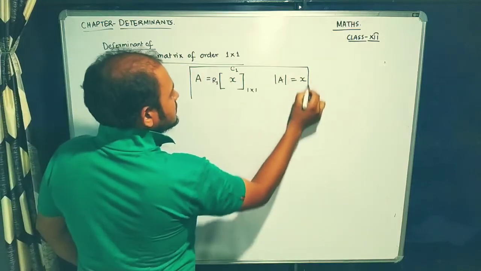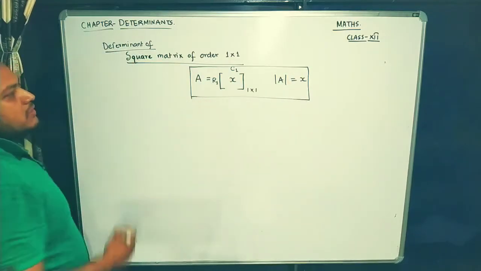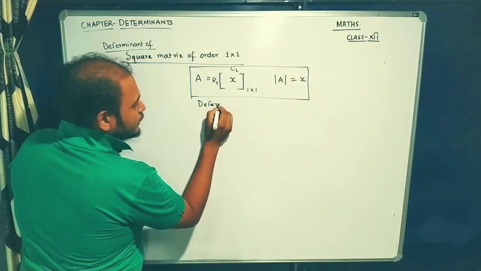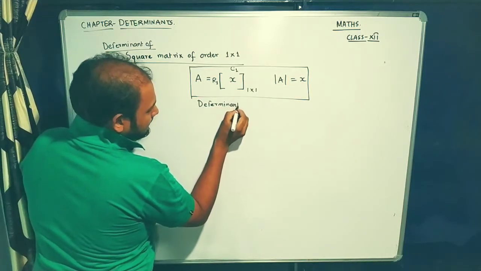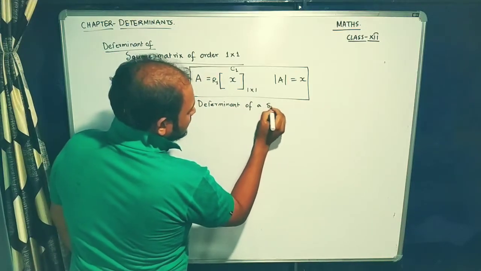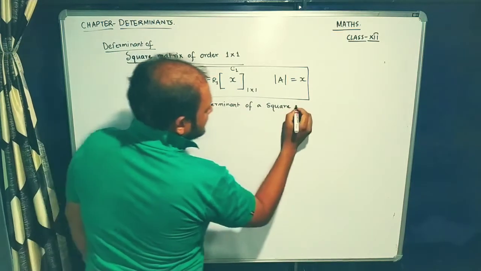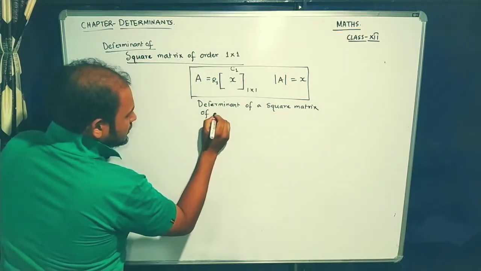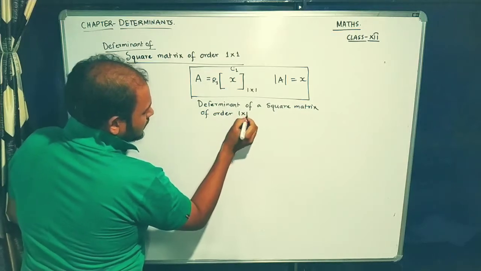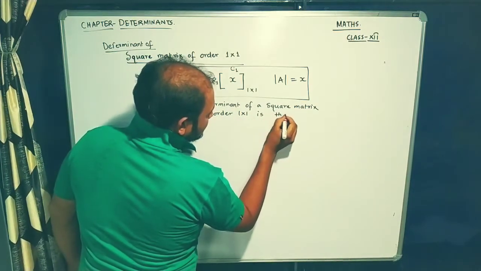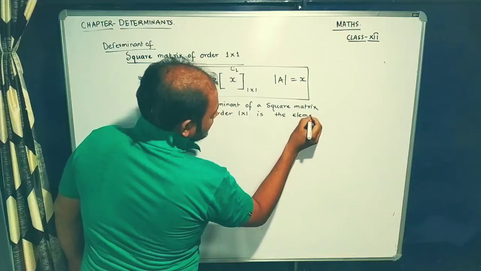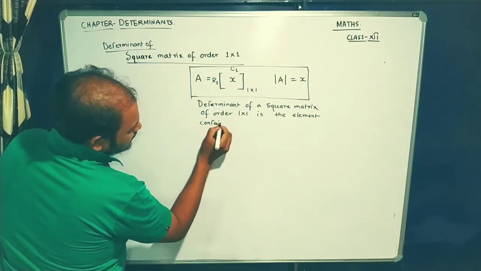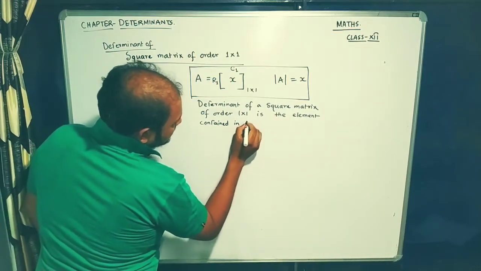This is the formula, or this is the theorem that you should keep in your mind, that the determinant of a square matrix of order 1 by 1 is the element contained in that matrix.